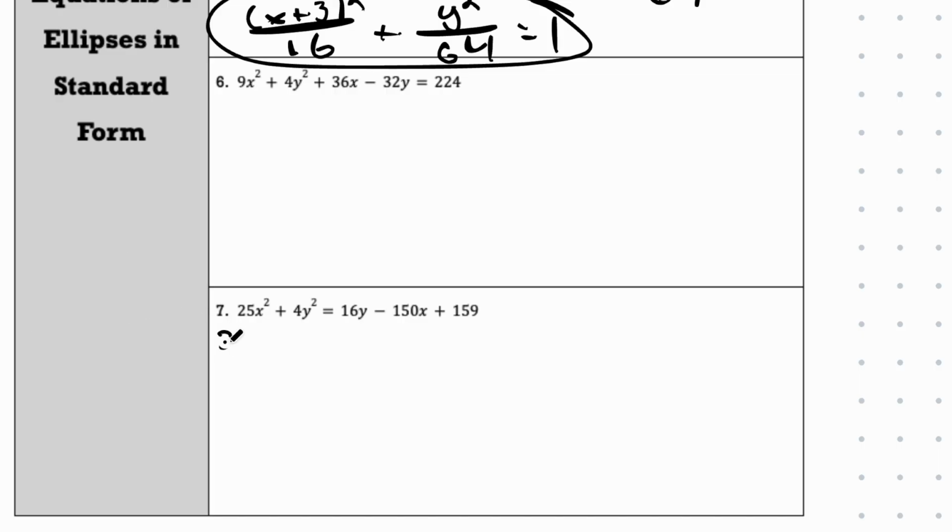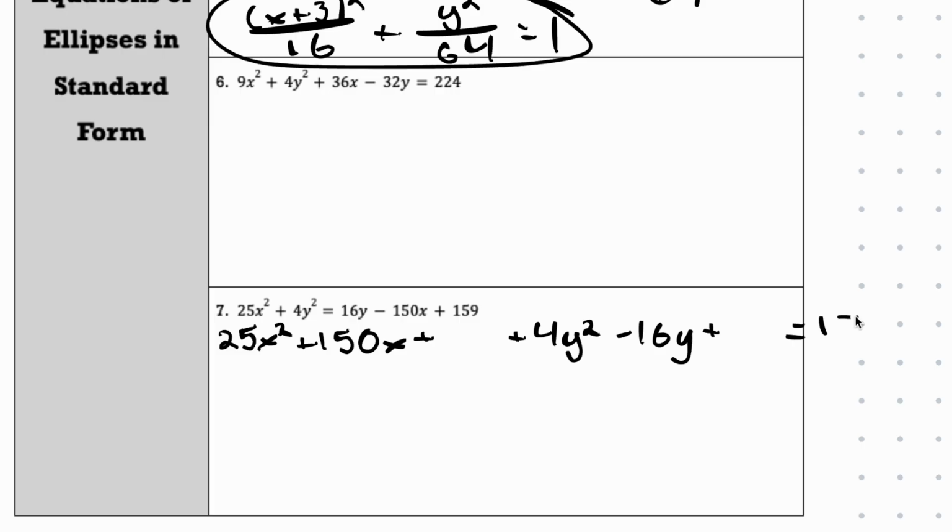So I'm going to write 25x squared plus 150x, so I'm moving that over to the other side, plus something, plus 4y squared minus 16y plus something. Sorry, we're not going to put a plus sign there. We're going to put an equal sign. And we should get 159.